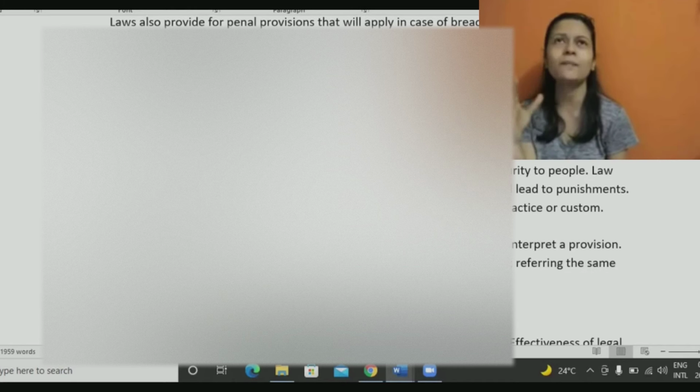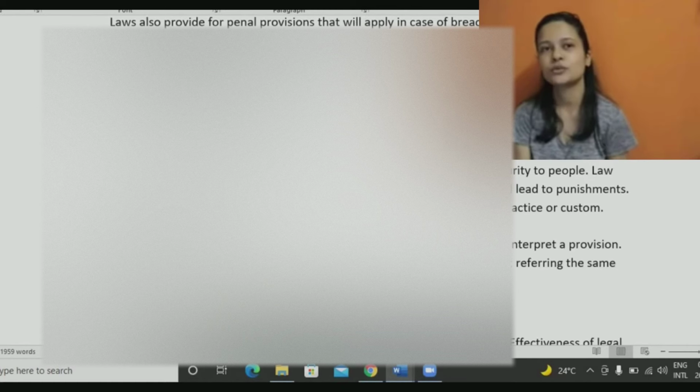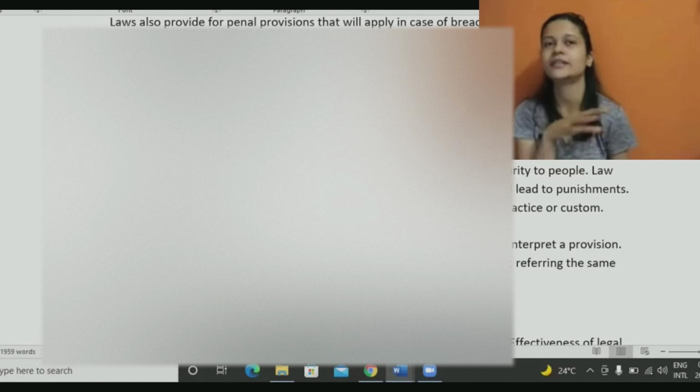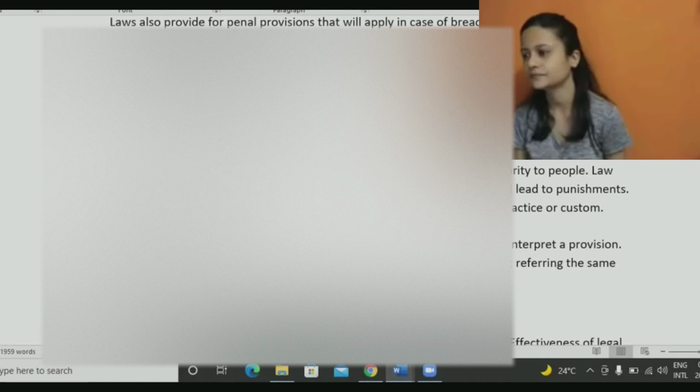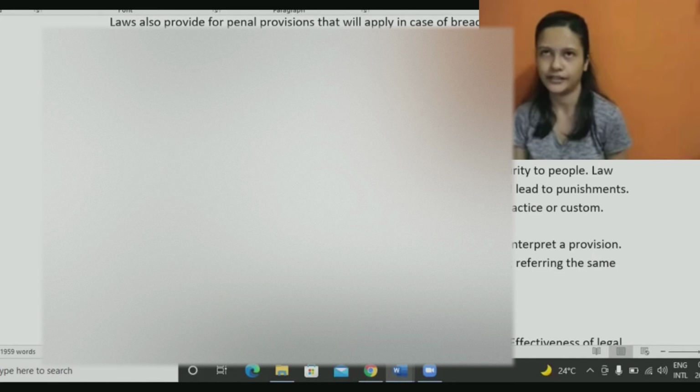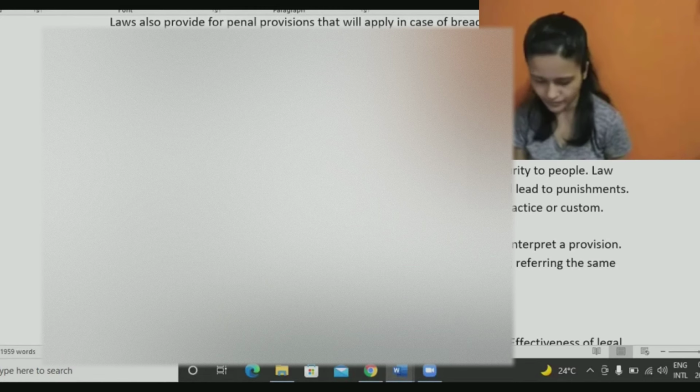So there are plenty of tribunals, boards, and commissions being set up to deal specifically with matters under their purview. That again is a feature: law is not just talking about rights and obligations, but it also provides for a dispute settlement mechanism in certain situations.